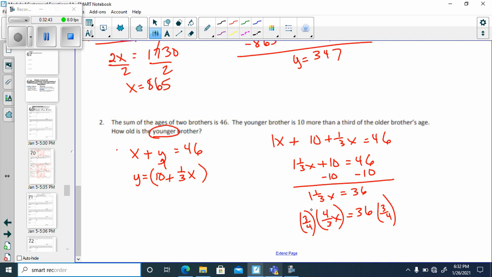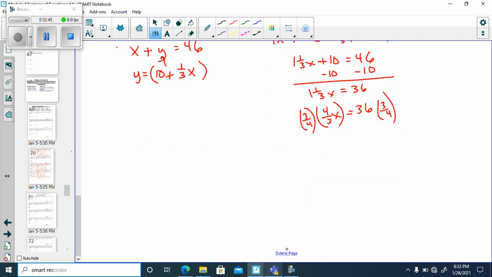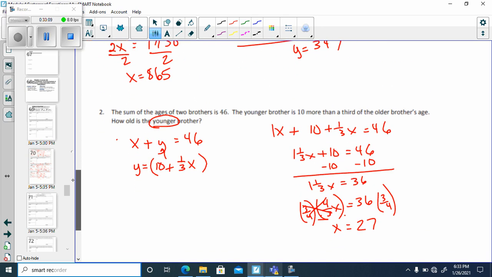Because this is what you do. You multiply by the reciprocal whenever you're trying to divide by a fraction. Notice how this cancels. X is equal to 36 times 3 divided by 4. It's 27. X is 27. Now, is that what it asked us for, was the younger brother's age? No, we said Y was the younger brother.